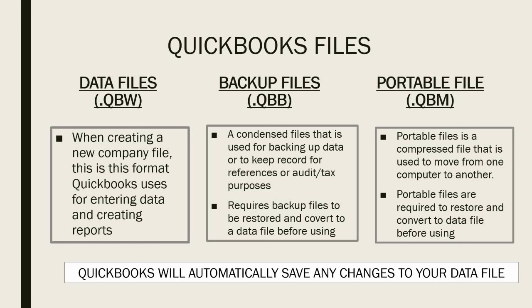The data file, or the workbook itself, is the actual file that you're currently working on, the file that you create your company for. It's your meat and potatoes, I would say. It is the primary source that you're going to be constantly updating and constantly working in.